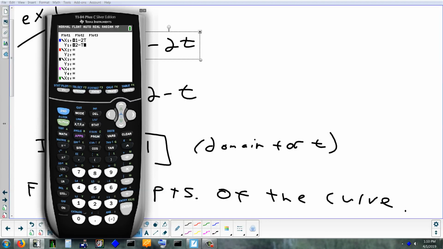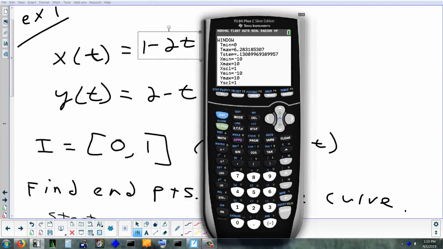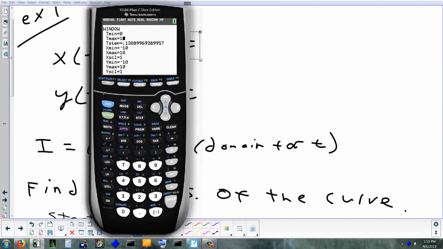Yeah? Window. So when you go to window, you have a spot for your minimum value for t and your maximum value. The minimum value is 0 in this problem, and the maximum value is 1. Okay, your t step, just leave it on 0.1. I'll explain what that is later.